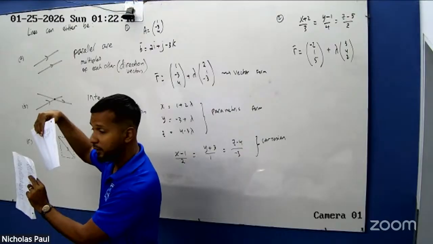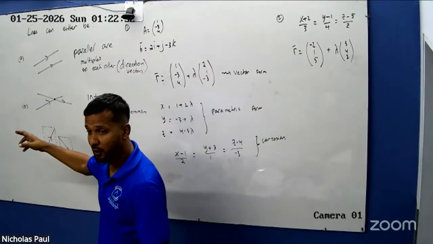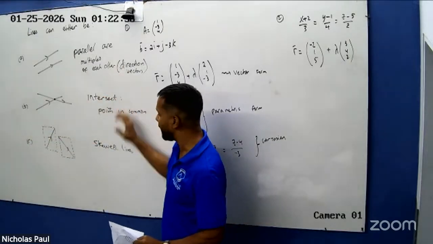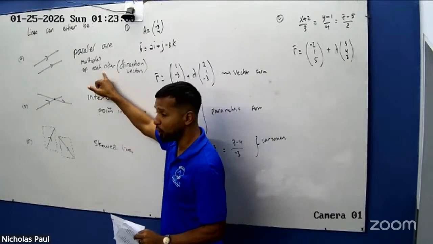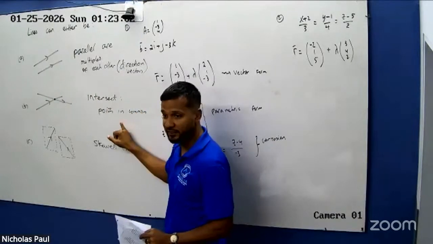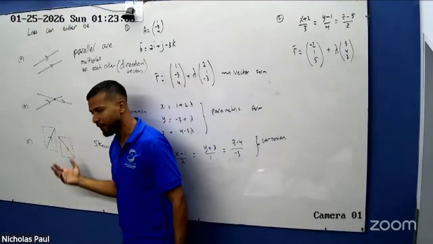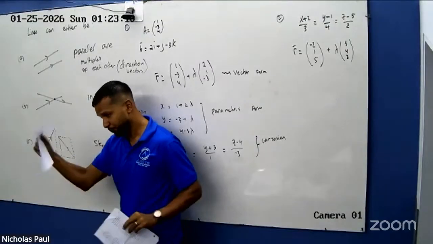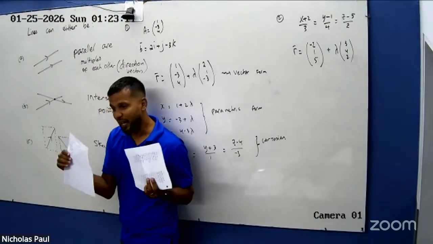They're not parallel and they don't intersect. Whenever this happens, they are said to be skewed. Skewed lines are not parallel and they don't intersect. I'll try to draw it here for you. This is one plane and the next diagram is a second plane. Those lines will never meet.